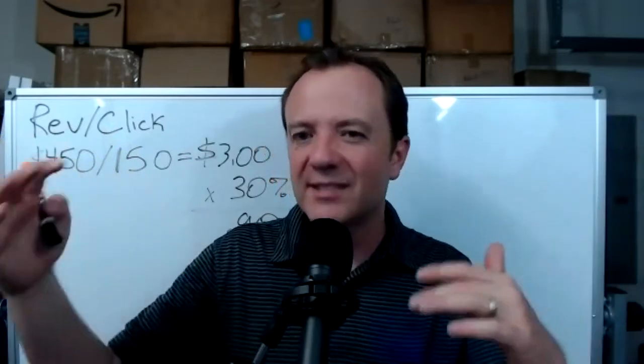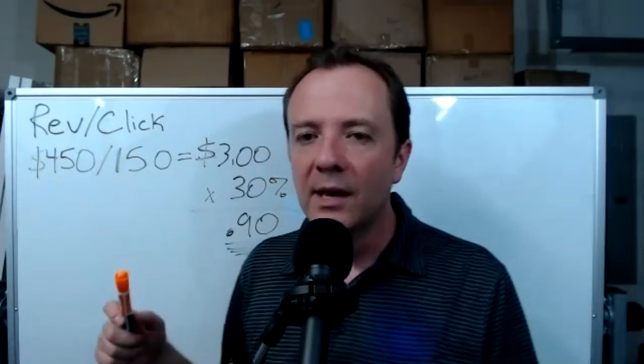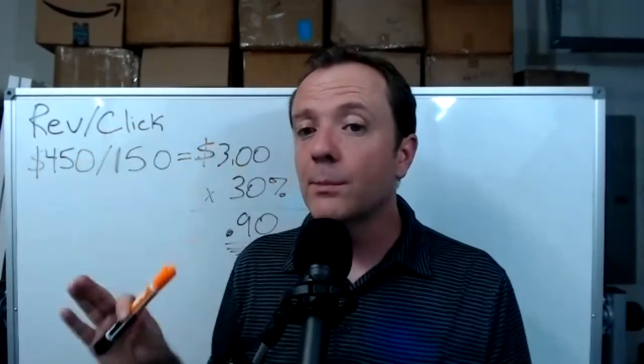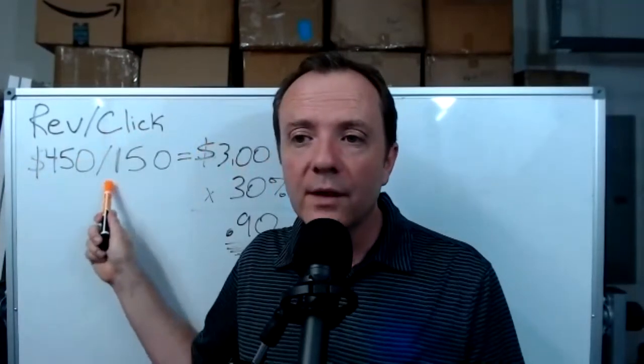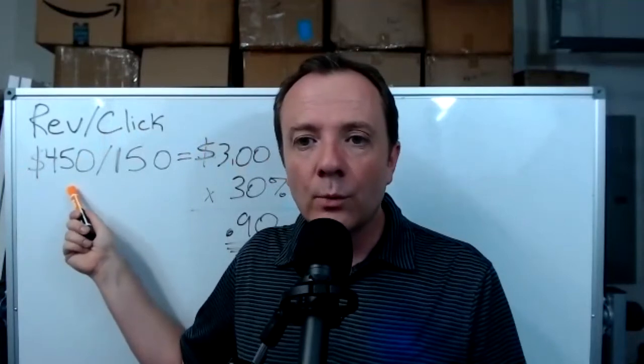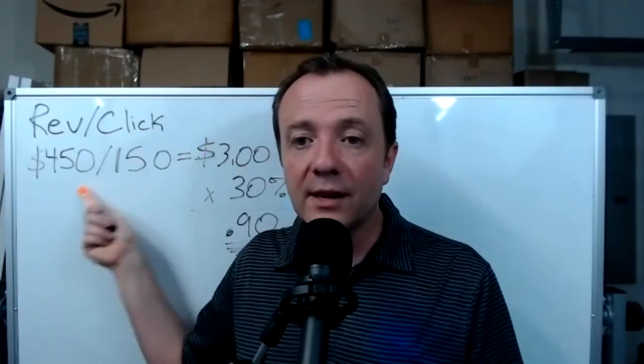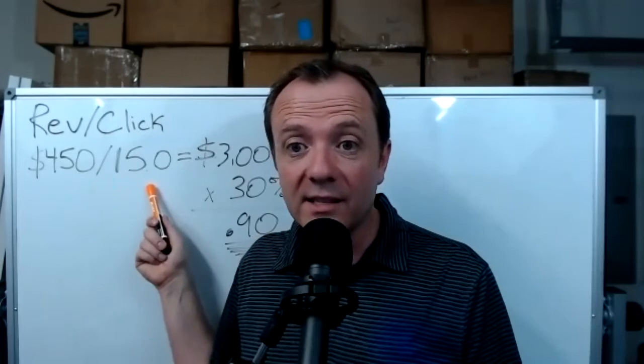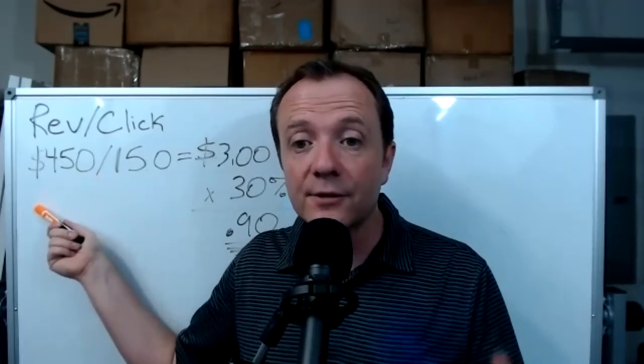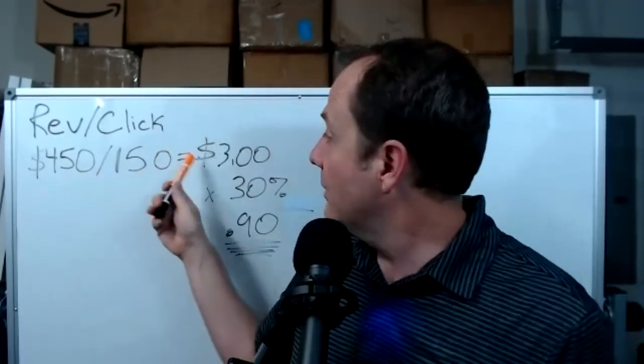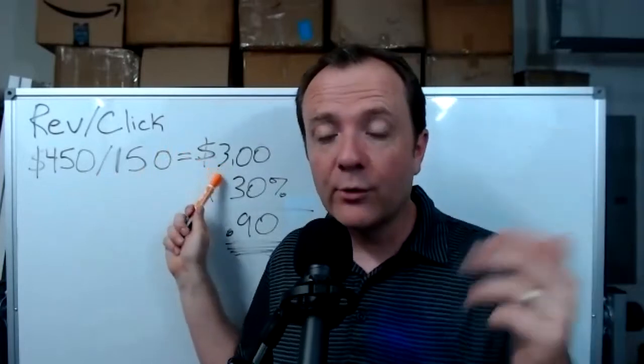And you can always adjust this over time. This doesn't have to be a static number, but this is going to give us a baseline to work off of. So let's say you had $450 in sales and 150 clicks to get those $450 in sales off of a certain keyword. That means every time someone clicks, you made $3 in sales.